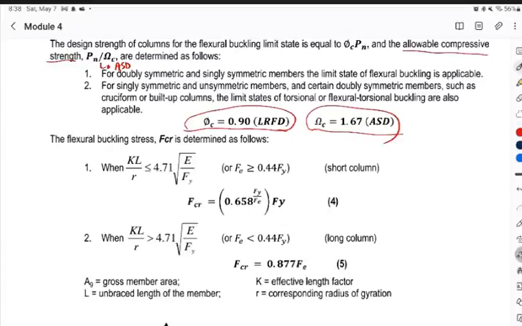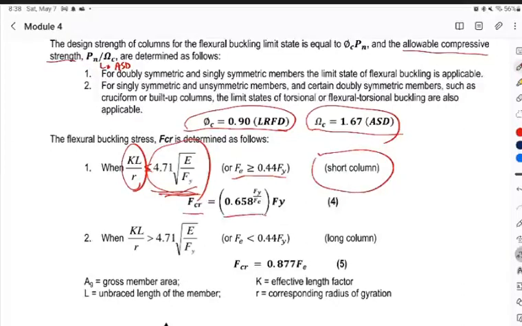And if it is less than or equal to this value, 4.71 square root of E all over Fy, then we consider our column to be short. For a short column, the computation for the critical buckling stress is 0.658 raised to Fy all over Fe, that quantity multiplied by Fy.